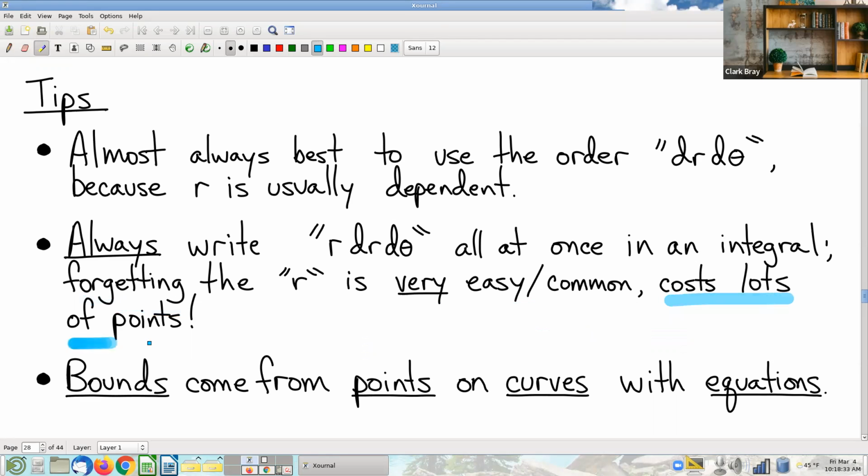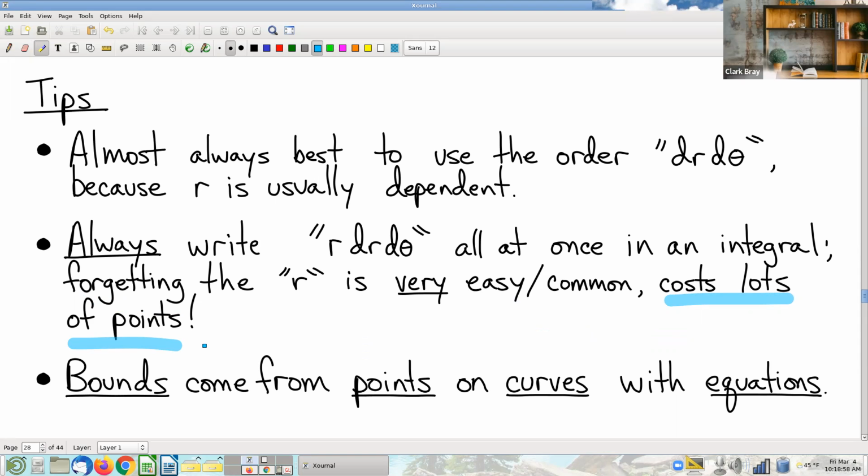And I know that in some cases, a student who didn't put in the r just forgot. But in other cases, the student didn't know that there was a stretching factor to be put in, right? And I can't grade on my speculation of what I think someone might have known based on zero evidence on the page.